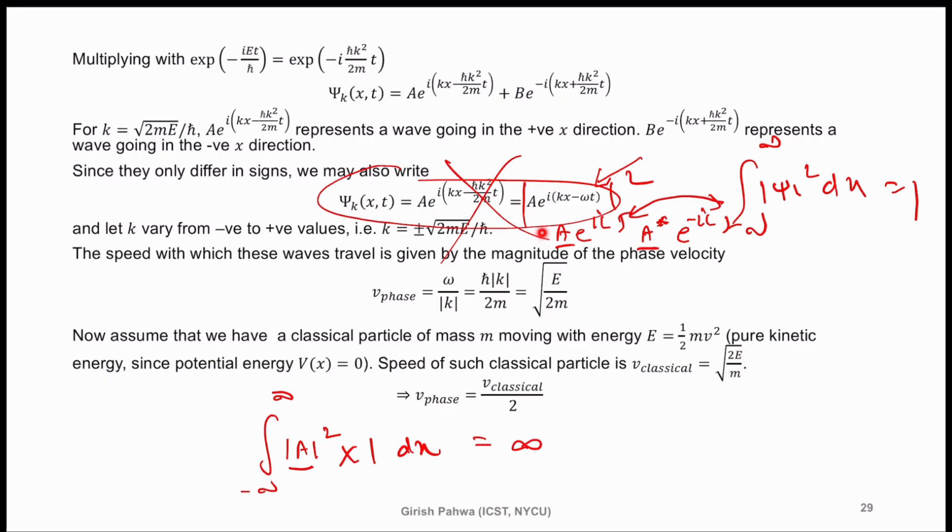So then what is a realistic wave function? By the way, the energy here is an eigenvalue, right? Is it discrete or continuous? This E. Did I put any condition that makes E discrete? No. The free particle does not have any boundary condition. Whenever you have a differential equation, you also need to put some boundary conditions, at some minus x and some plus x. But we did not do that because it's a free particle.